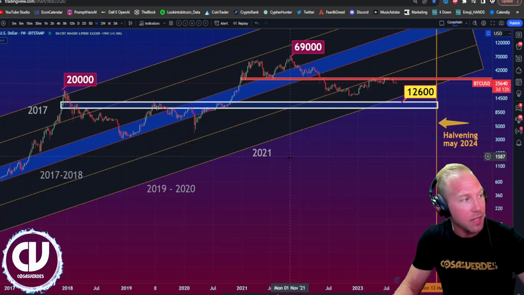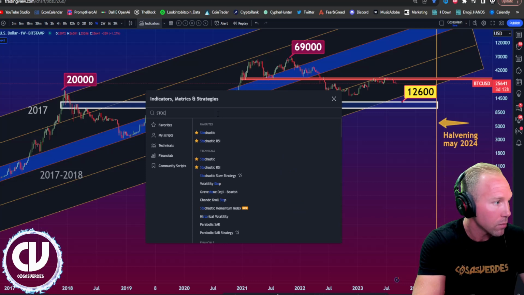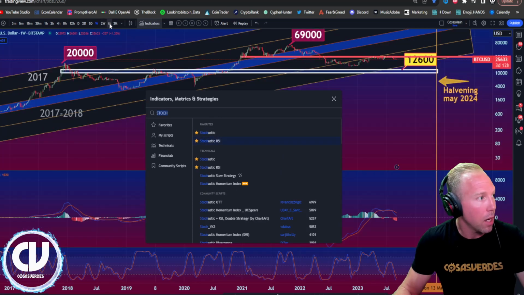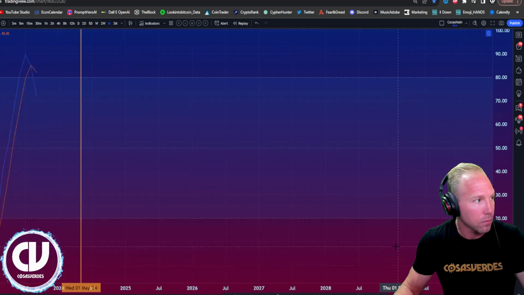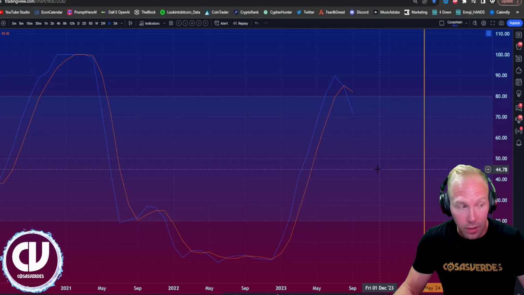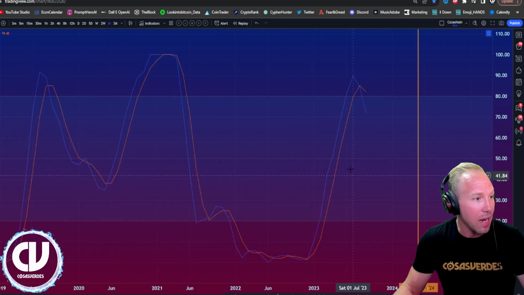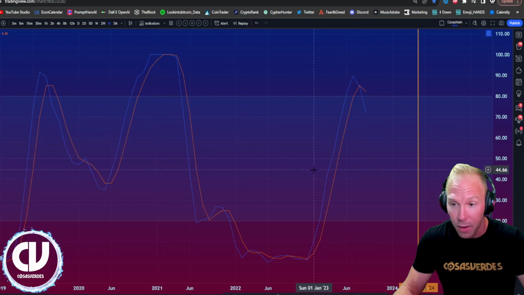But your stochastic RSI is an oscillator. I guess we could look at it on the monthly. It was curled up, but now it's curling down. So you might have been hearing analysts talk about this being crossed up, right?